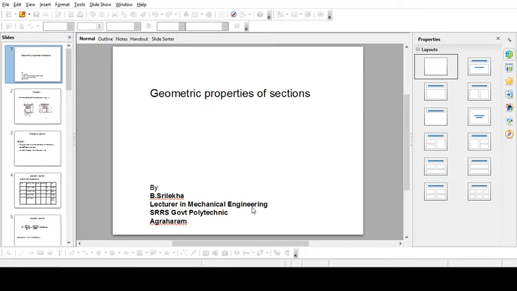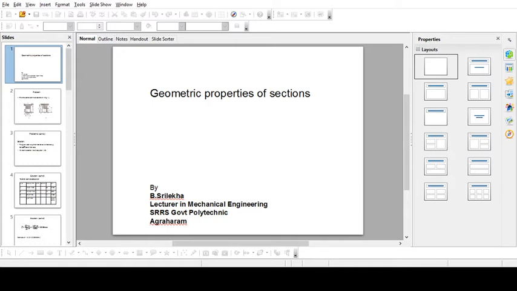Now we need to divide these sections. So let us divide these sections first. Section 1 is the triangle. Its base B is 100 and its height h is 100.